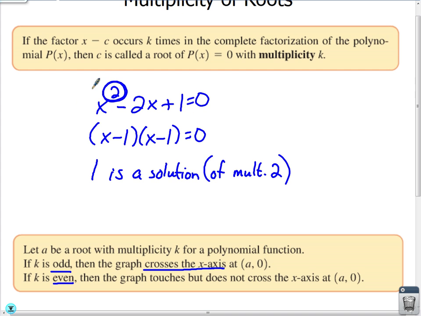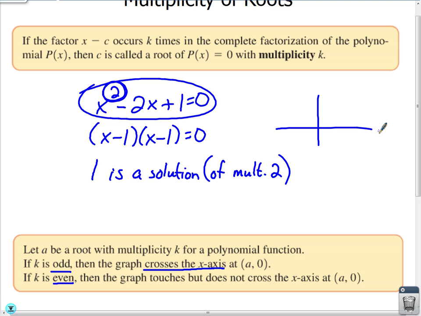That's a parabola, correct? Y equals x squared minus 2x plus 1, that's a parabola. Does it cross there? Does it cross at 1? Remember what we said about it? How in the world can a parabola only have one solution? It touches. It comes down, it touches it, and then it goes back in. If something is a factor or a root an even number of times, it doesn't cross.